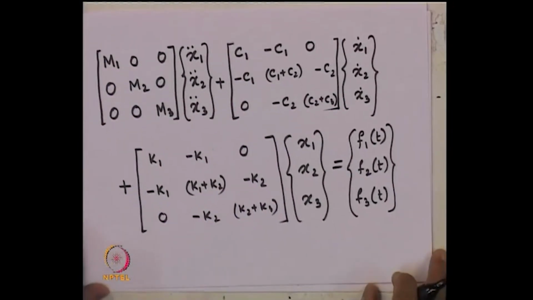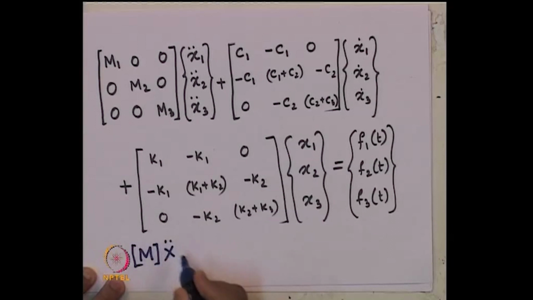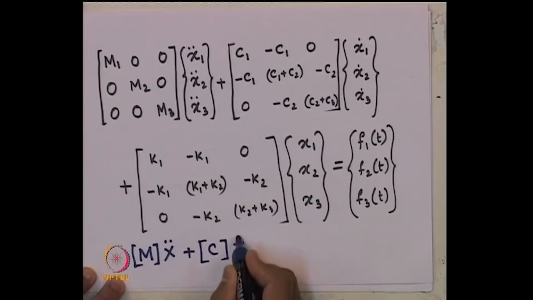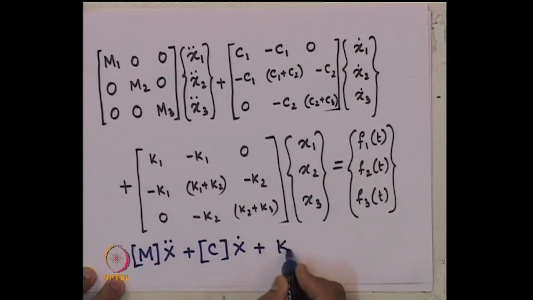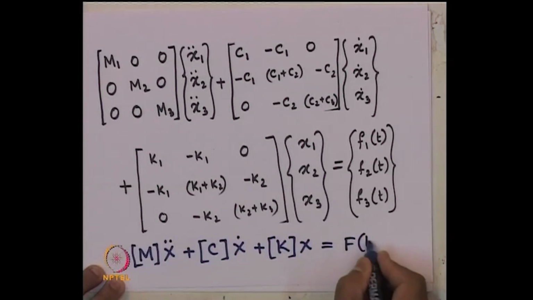So, in other words, we can simply write it as M x double dot plus C x dot plus K x equals F of t.